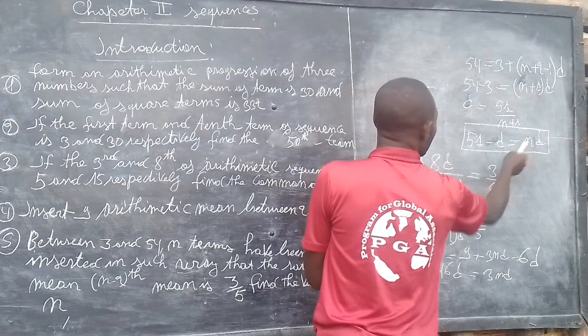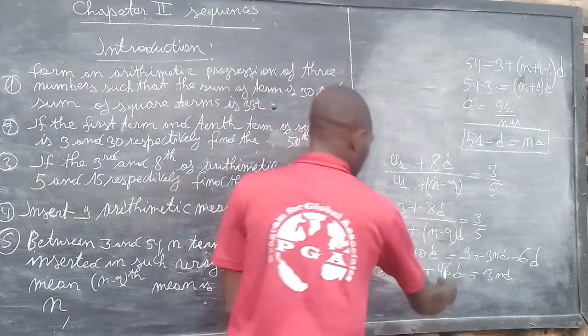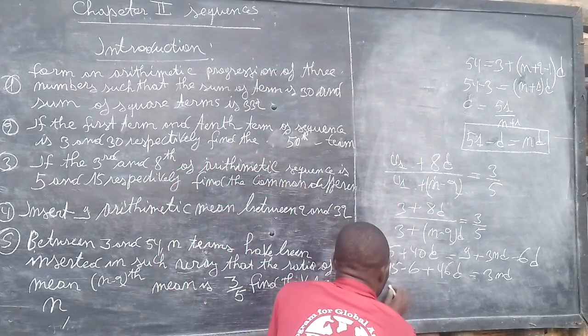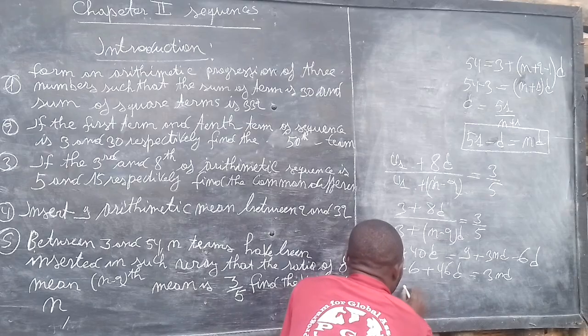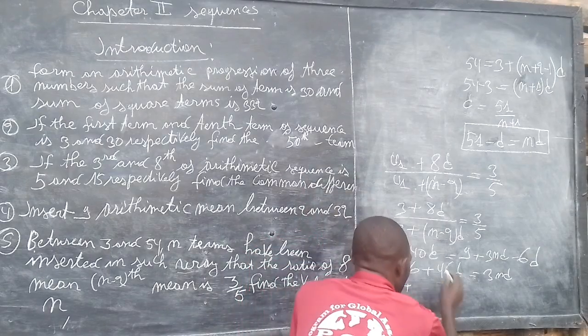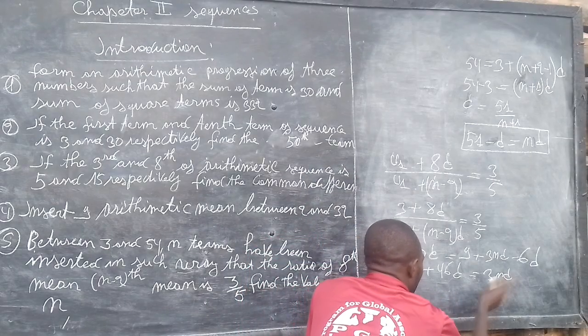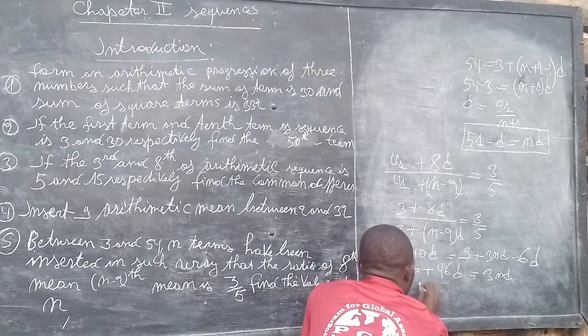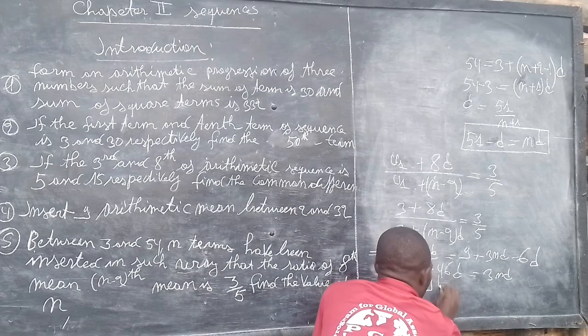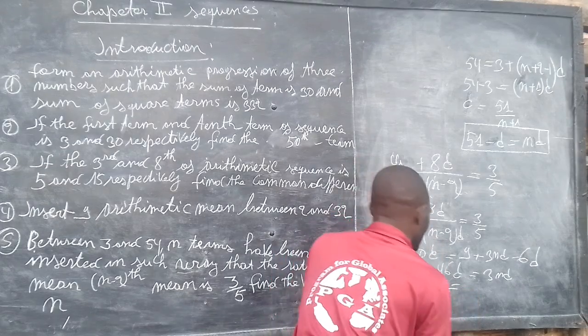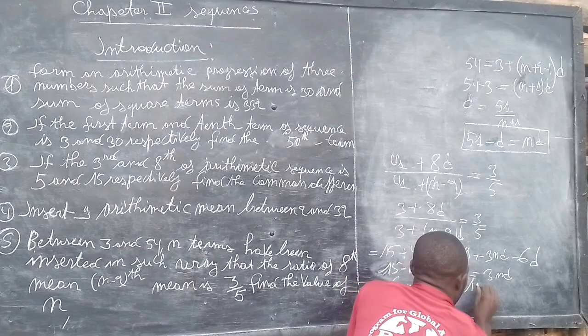Let's replace nd with its value here in our equation. Here we have 60 plus 49d, which is equal to 103.